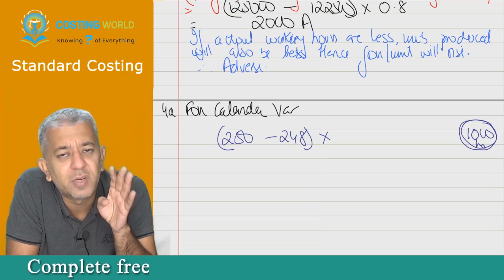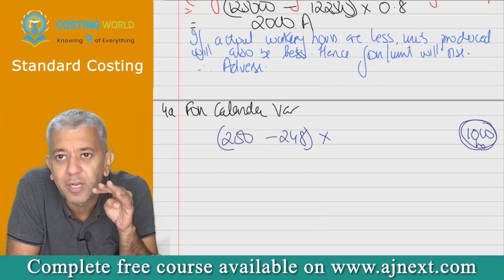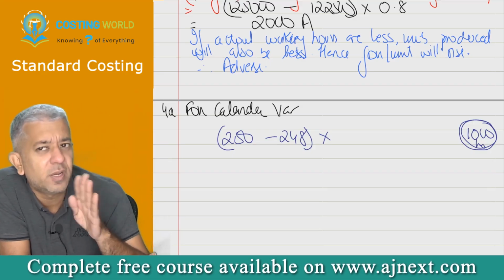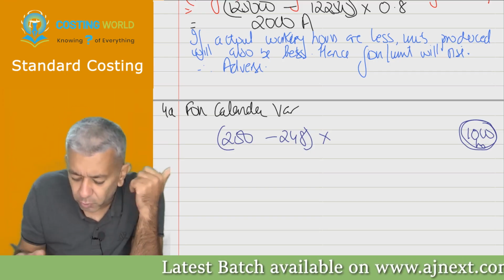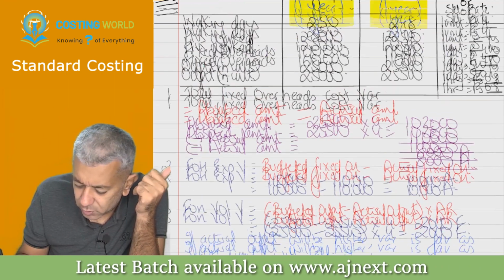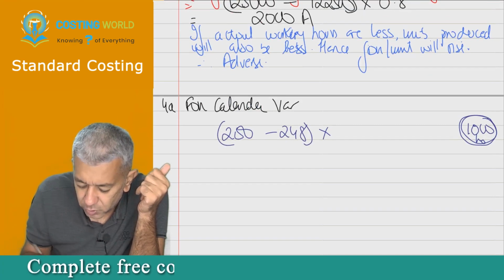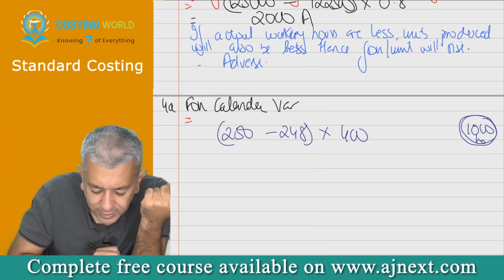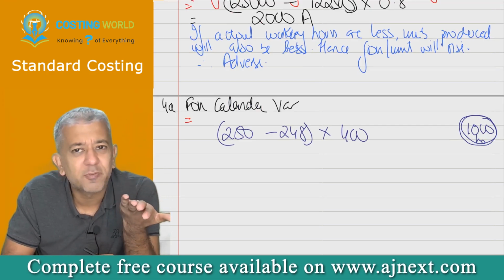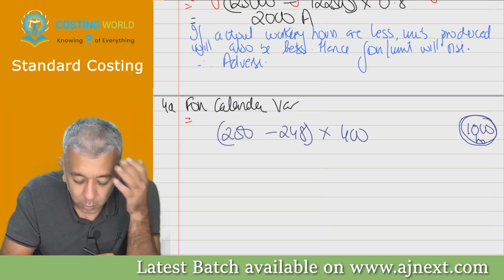I want to convert this into rupees. With what rate should I multiply so that days get converted into rupees? 400. So 1 day is equal to rupees 400 over here. If I have to convert this into a formula now, you all can start writing. Now, you start to make the formulas by yourself. I don't even know the formulas. In fact, first I solve and then I try to make the formula.